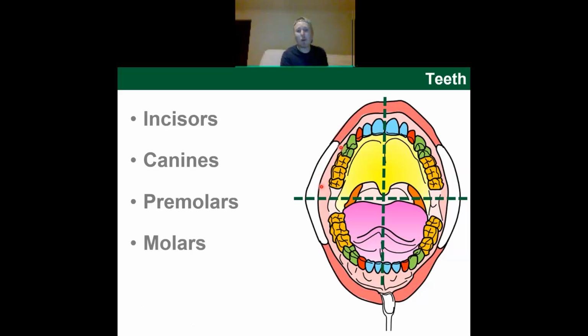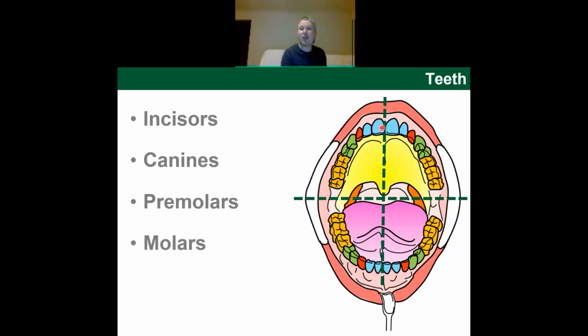So if you learn only 1/4, you can just use what you've learned and mirror image it in any way that you have to learn other teeth. So let's go through them, and we're going to start here from the most anterior teeth, and then we're going to move towards the lateral and posterior side.